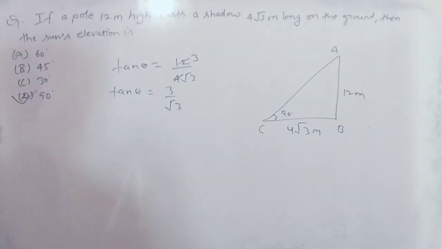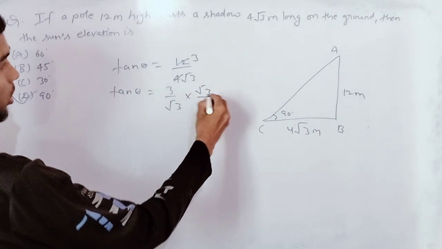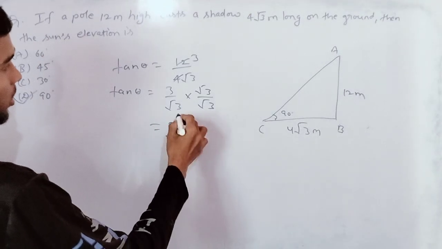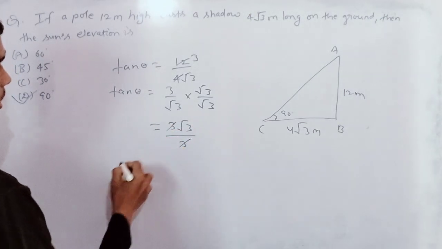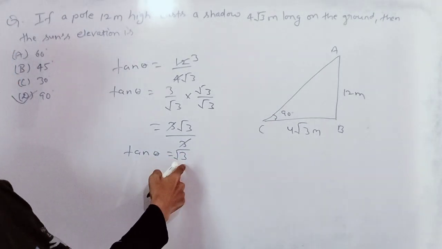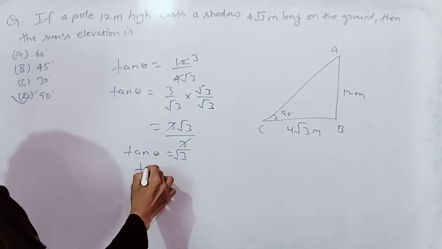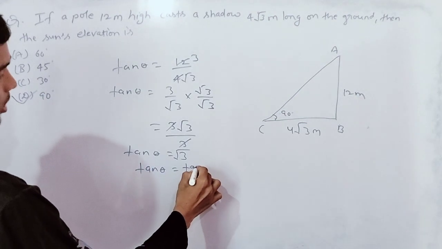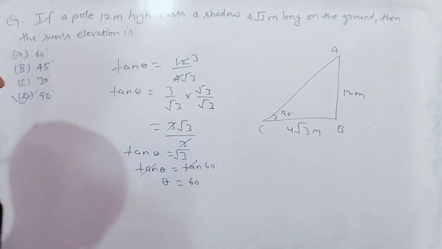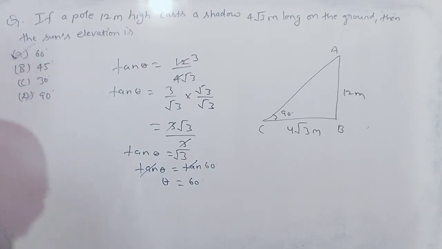Here I should have done a rationalization. Root 3 only. This is the value of tan 60. So theta came as 60. So finally, the answer would be 60.